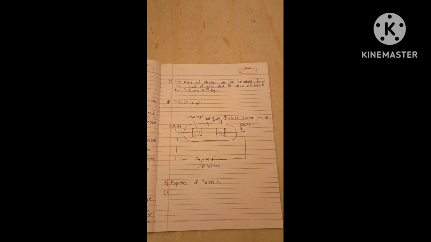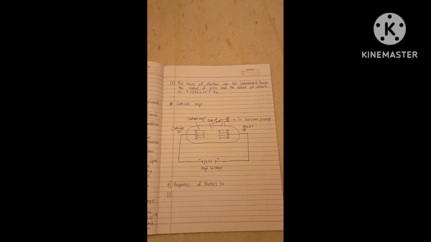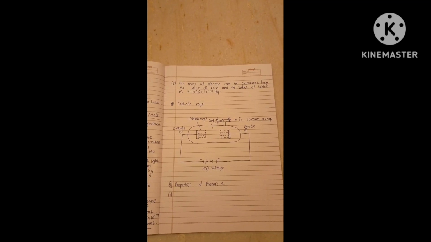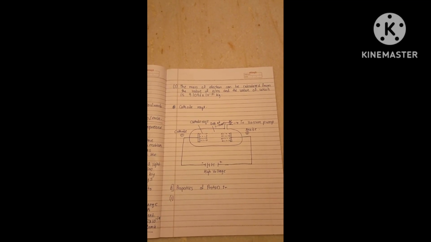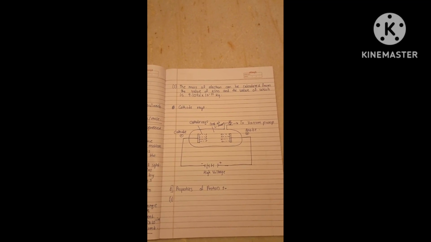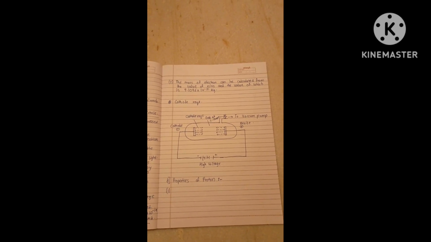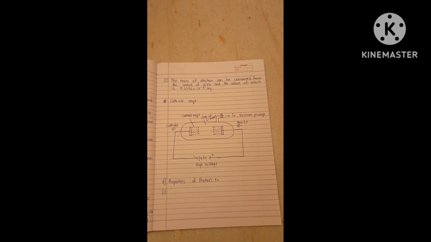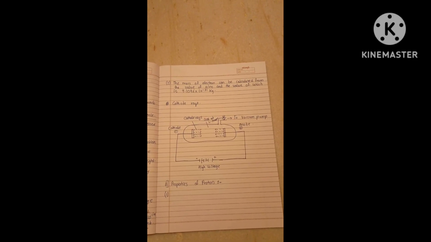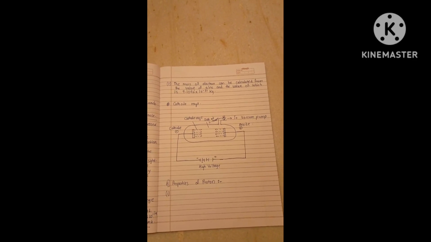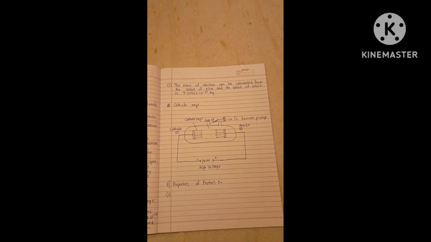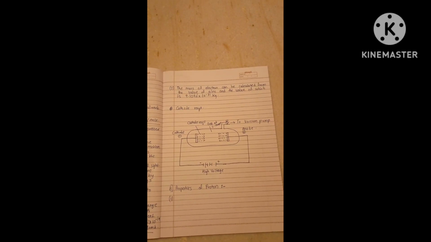Mass of proton is 1.672 into 10 raised to minus 27 kg or 1.0072 amu. A proton is defined as a subatomic particle which has a mass nearly 1 amu and a charge of plus 1 unit.